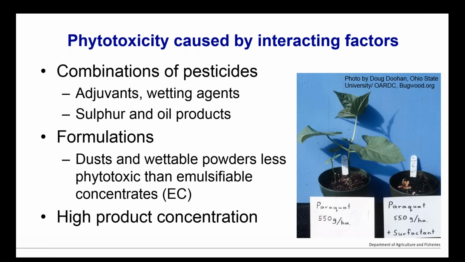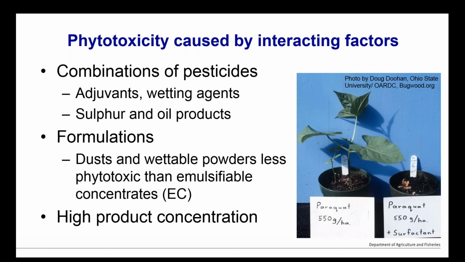Okay, so for the formulation itself, there are some products, as you're probably aware, that are, let's say, an EC, so emulsifiable concentrate, whereas others may be a dust or wettable powders. And there are other formulations out there as well. Different formulations of the same active ingredient can have different risk of producing a phytotoxicity.